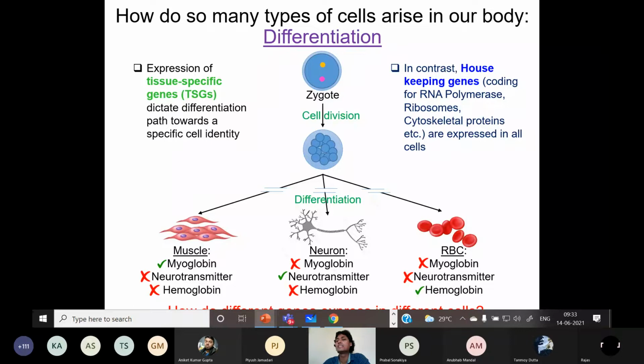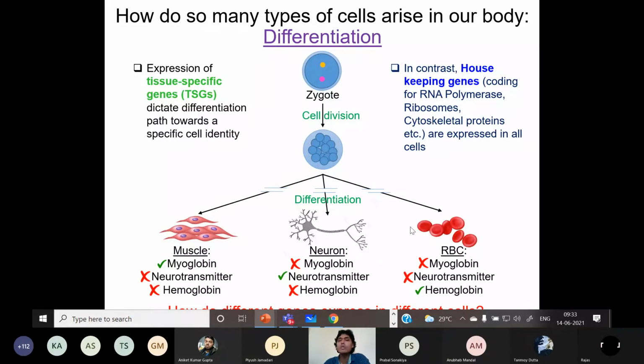Say, for example, genes responsible to make tRNA or genes responsible to make RNA polymerase. Those should be housekeeping genes, because in every cell you need to synthesize protein, you need to make RNA, right? And tissue specific genes are responsible to make myoglobin, hemoglobin or neurotransmitter.